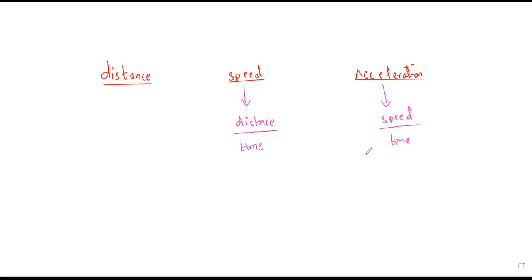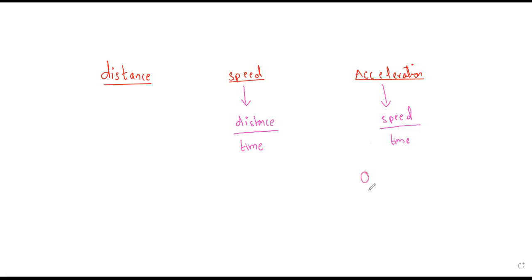If you are interested in how, in order to explain that, you can think about it that if your speed is increasing, let's say you're going in a car and initially the speed was zero.